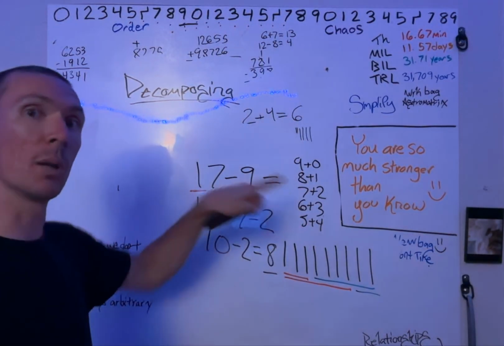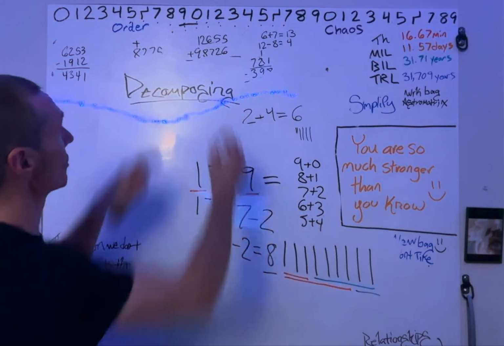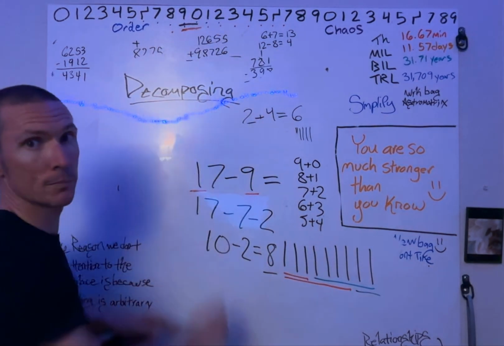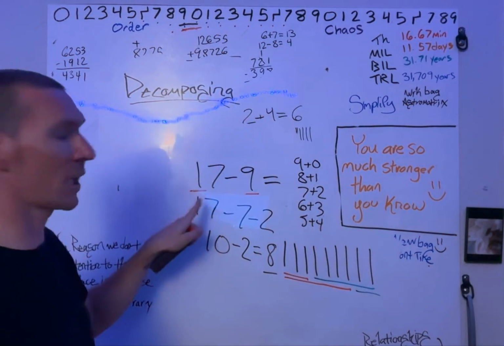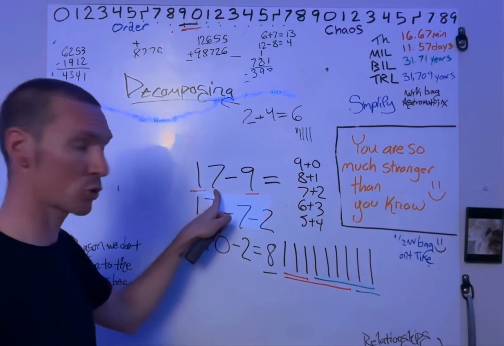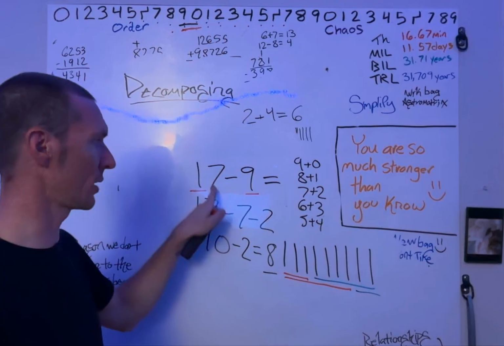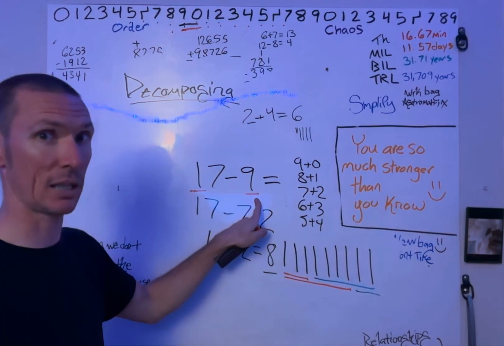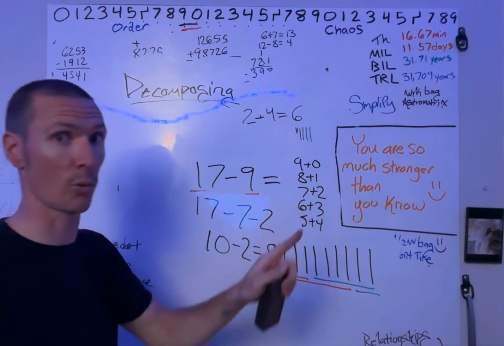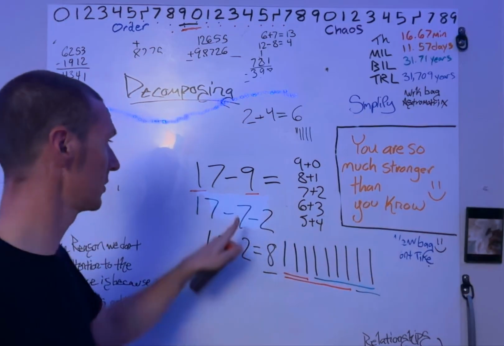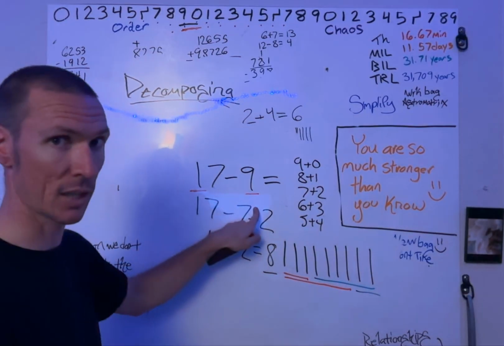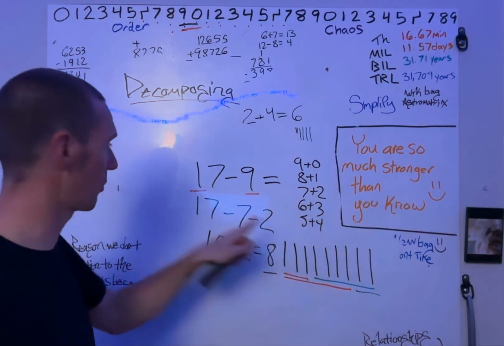We know that we're going to make that jump when we're subtracting 9 from 17. Because we know that 7 minus 9 is actually 8. So 7 minus 9 is 8. We're going to make that jump.